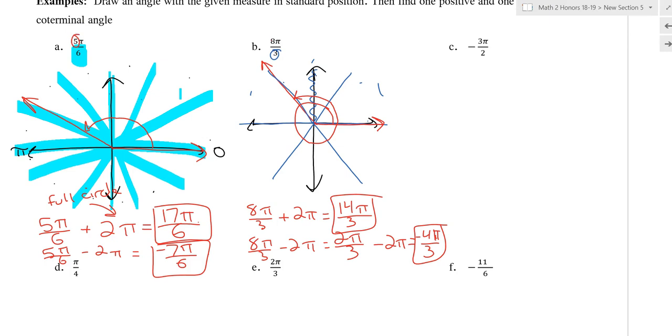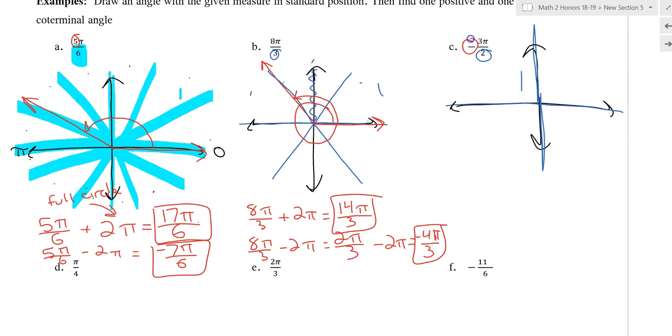All right. Let's look at negative 3 pi over 2. So again, our denominator is 2, so looking at the top half of my graph, I'm going to split it in half. That's easy, it's just this line going up here. So doing the same thing on the bottom, I have my line going down.